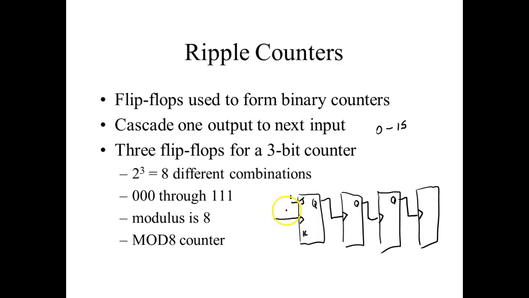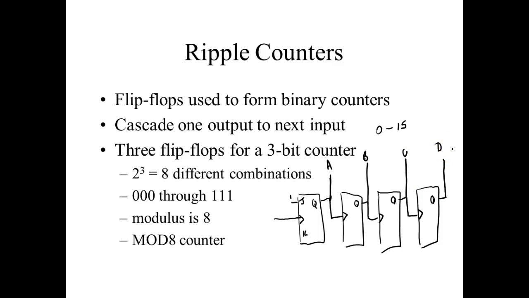Unfortunately, we draw circuits from left to right, but this one right here would actually be the A output, this would be the B output, this would be the C output, and this Q right here would be the D output.